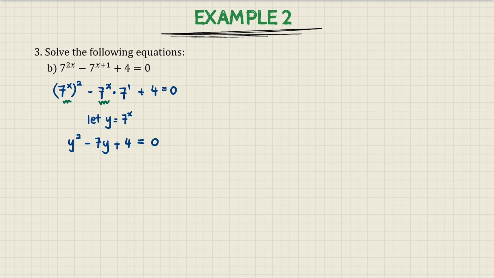Okay, so sebelum kita teruskan jalan kerja, check using your calculator first. Bila kita cari dia punya roots kepada this equation kan, so A equals to 1, B equals to negative 7 and C equals to 4. So using your calculator, kamu akan dapat decimal answers.